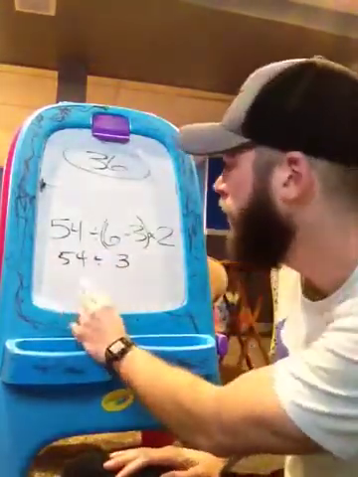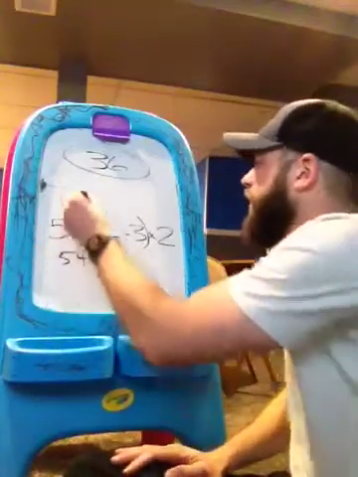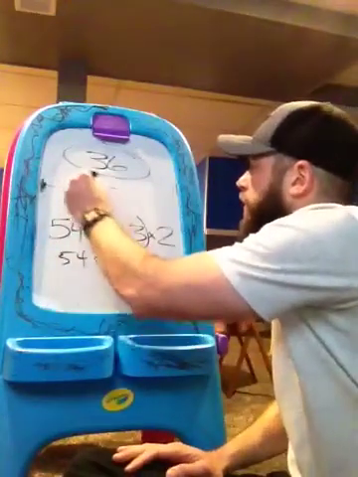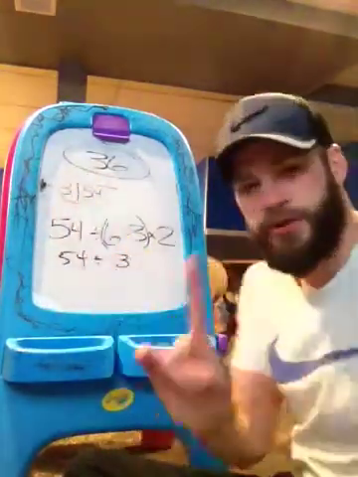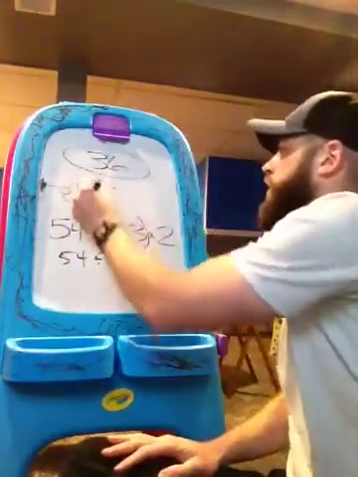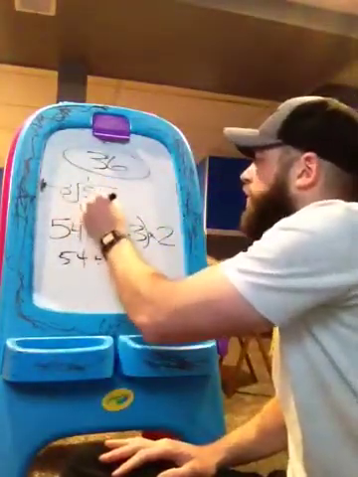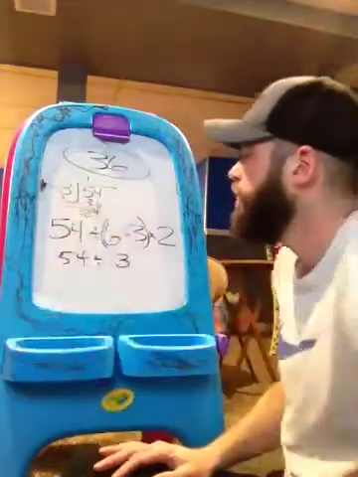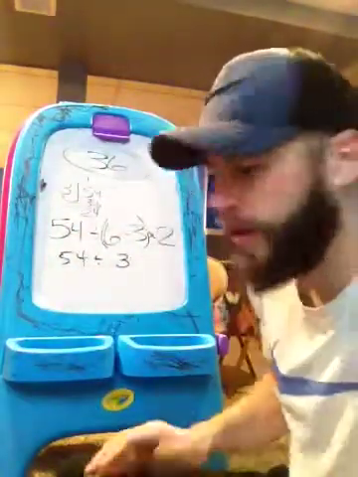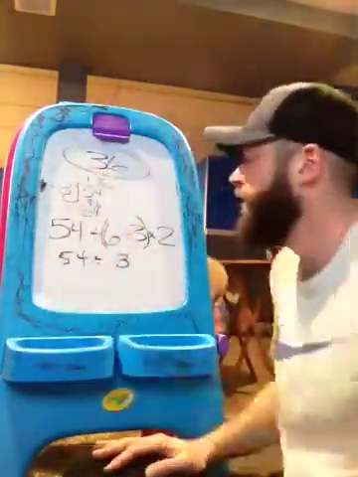So 3 goes into 54. Let's see here. 54, 3 goes into 5 once. There's 2 left over. And then it goes into 24 8 times. So that's 18.